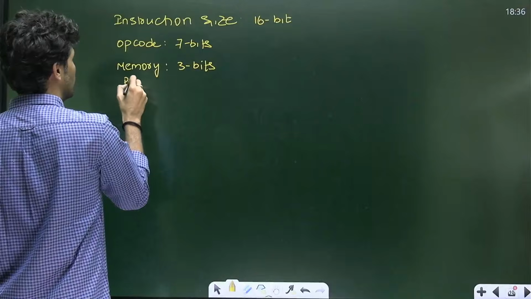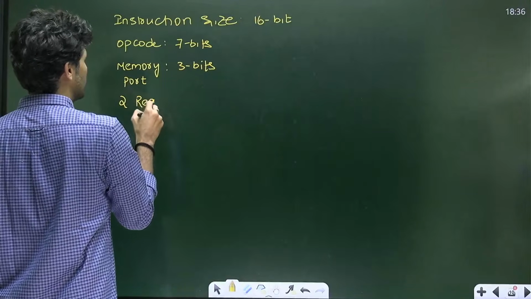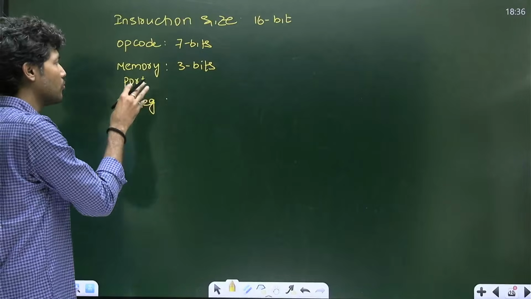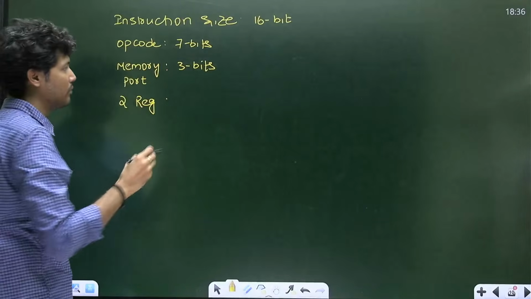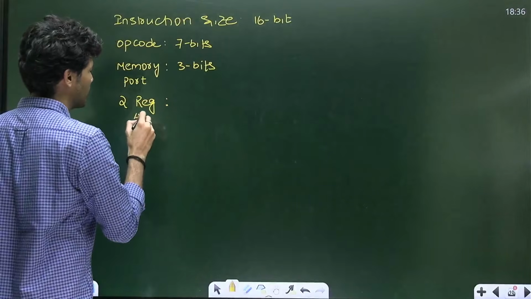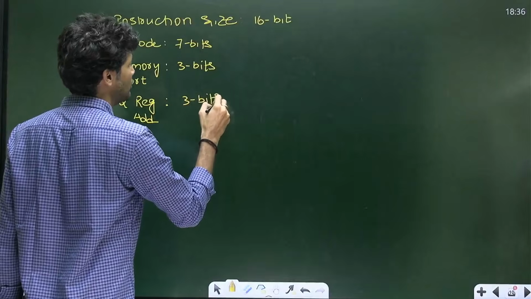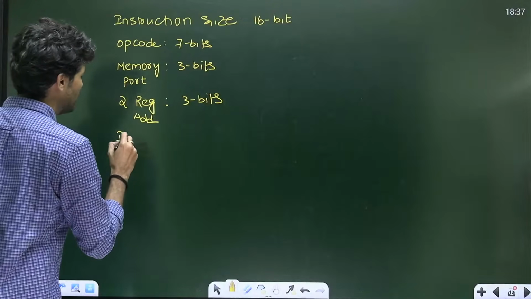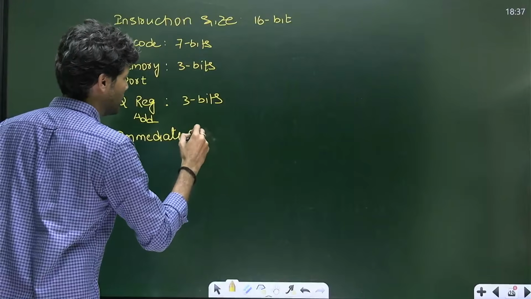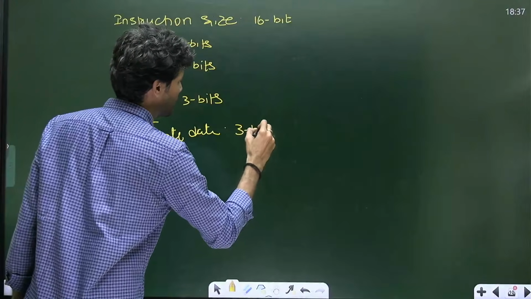And then we have 2 registers. Either we are using 2 registers or we are using 1 register and this memory port. And what is the size of this register address? For register address, we are using again 3 bits each. And finally, immediate data. Immediate data again uses 3 bits.